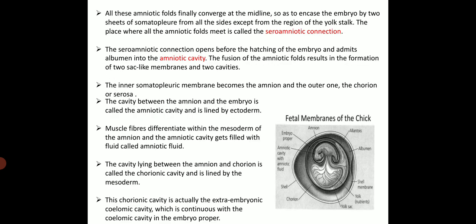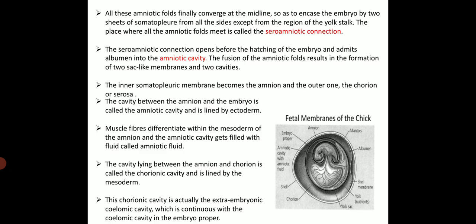All these amniotic folds finally converge at the midline, so that the embryo is encased by two sheets of somatopleure from all sides except the region of the yolk stalk. The place where these amniotic folds meet is called the seroamniotic connection.